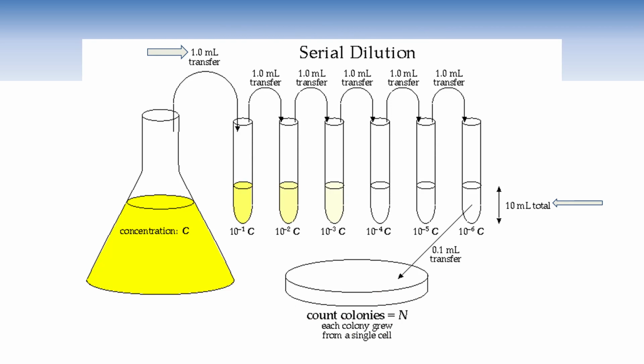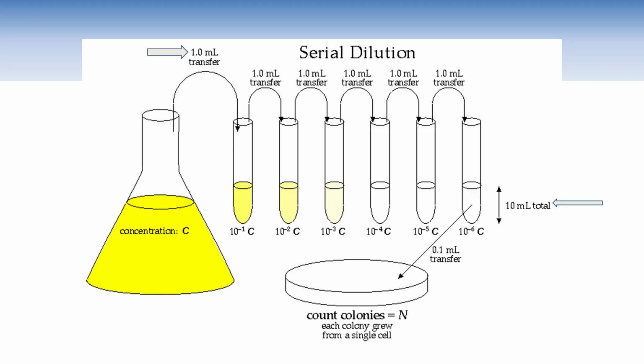This is an example of a serial dilution that we perform to evaluate colony counts from an original culture. If we have an original concentration in here, what we would do is fill up the tubes with the solvent, and then take the solute, or the original solution that is meant to be diluted, and mix it.